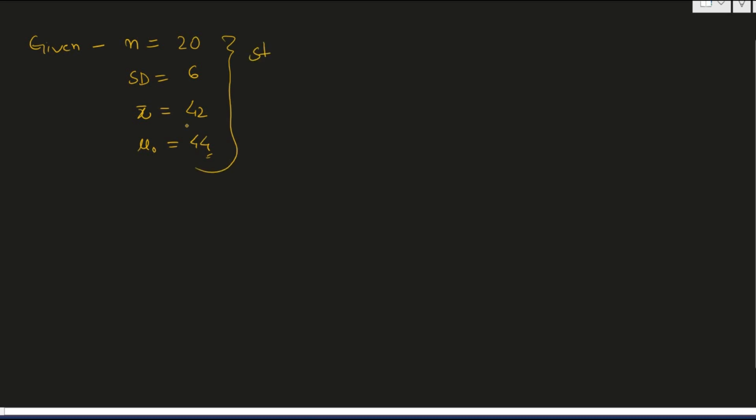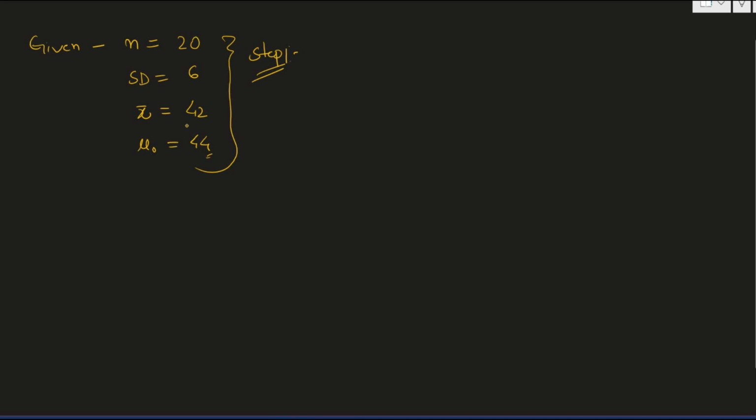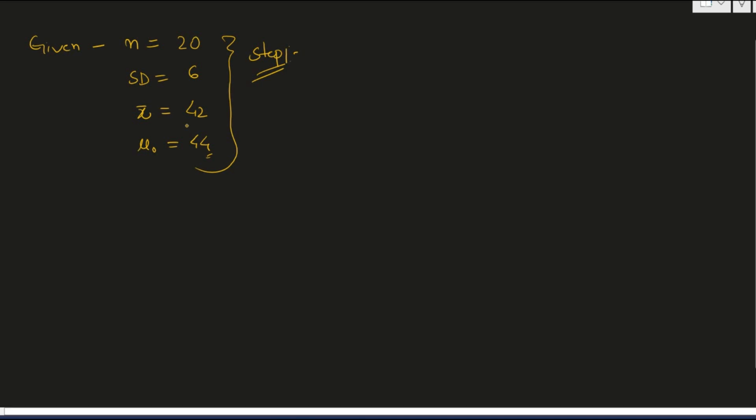So the first step towards hypothesis testing is the formulation of hypothesis. In the t-test, the H naught value is going to be 44, the population mean.